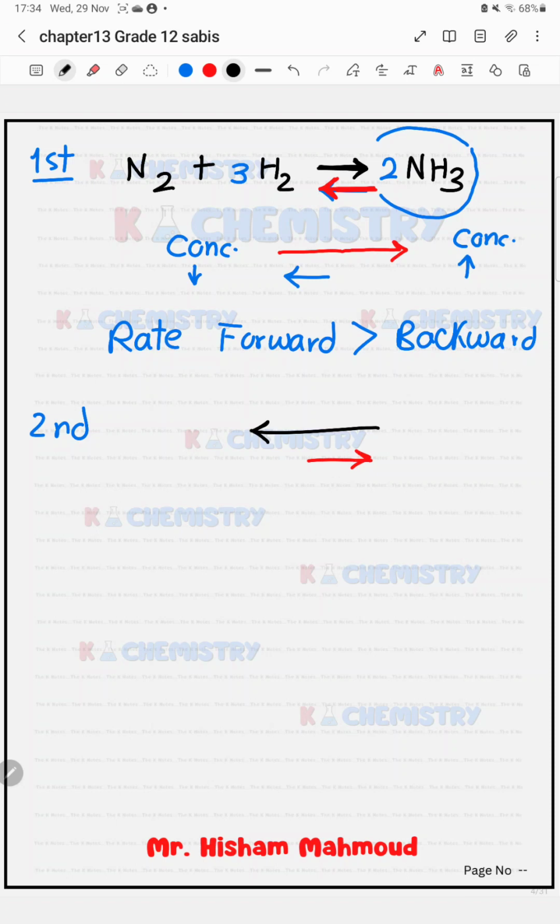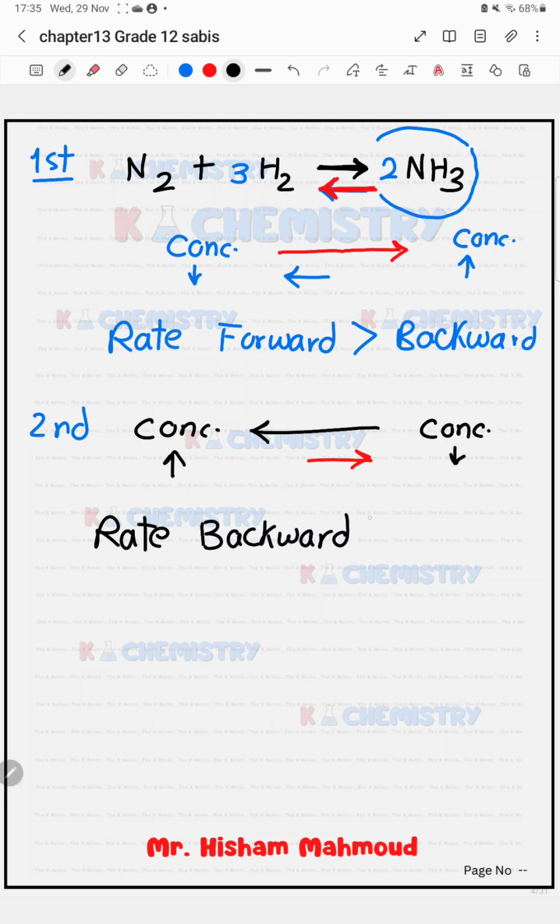This causes the concentration of nitrogen and hydrogen to pile up and increase, while the concentration of ammonia is going to slowly decrease. This is because the rate of the backward direction here is much faster than the rate of the forward direction.